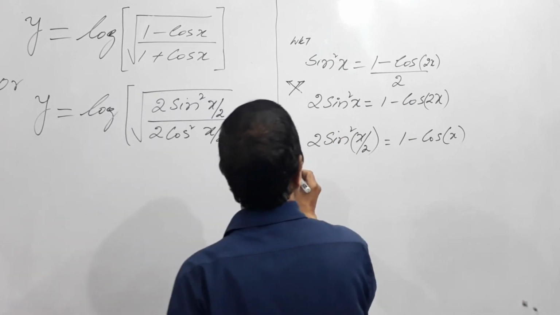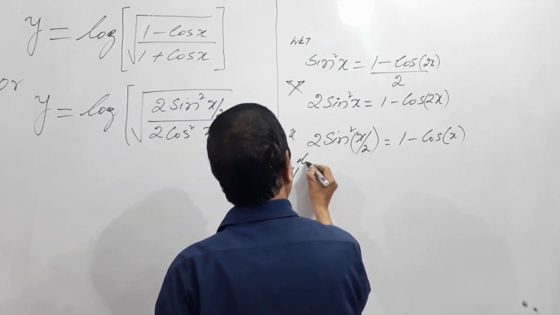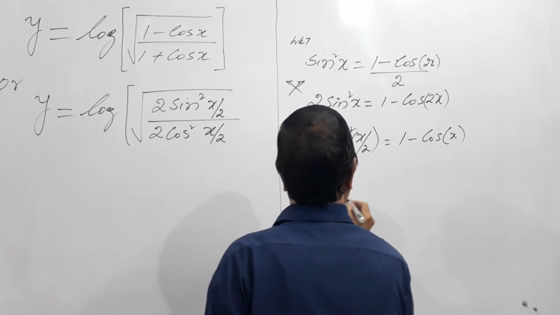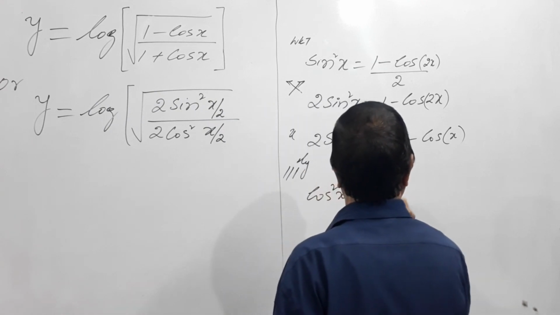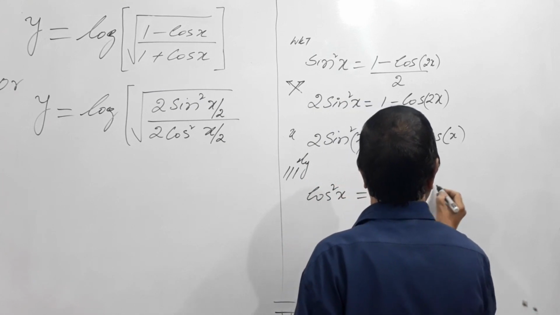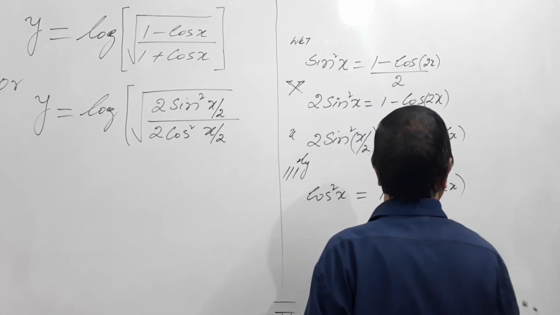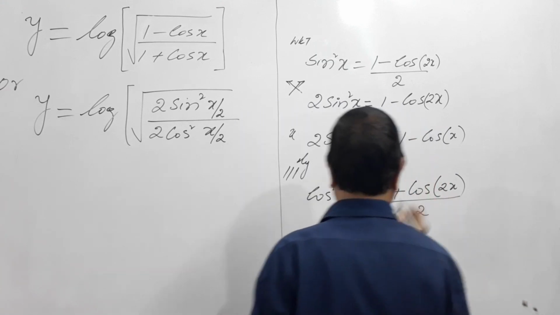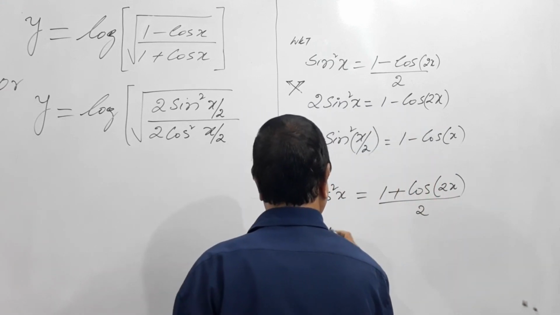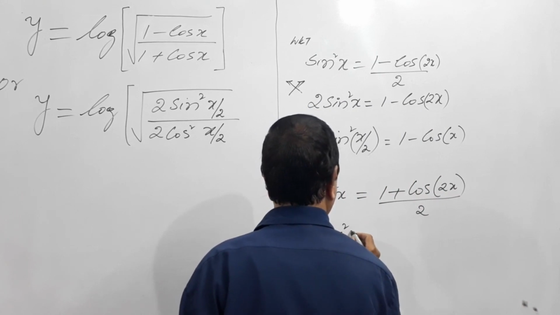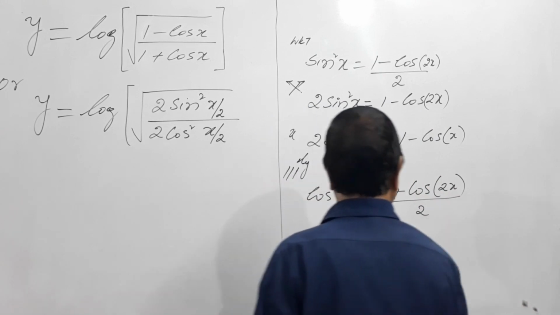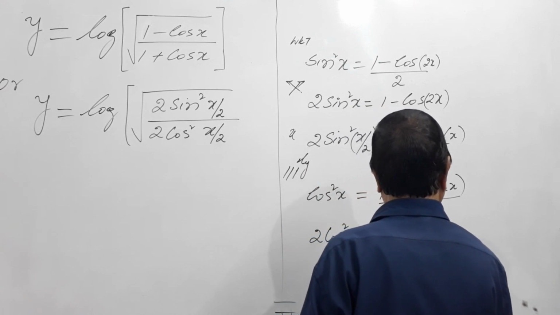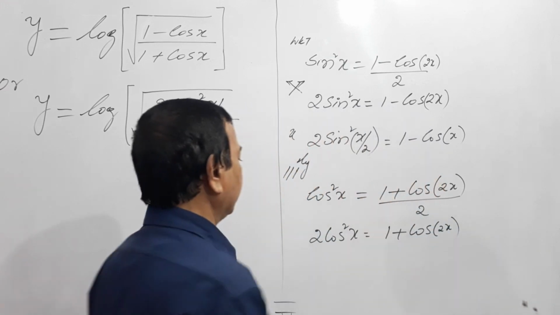So similarly cos square x equals to 1 plus cos of 2x by 2, or 2 cos square x equals to 1 plus cos of 2x by cross multiplying this.